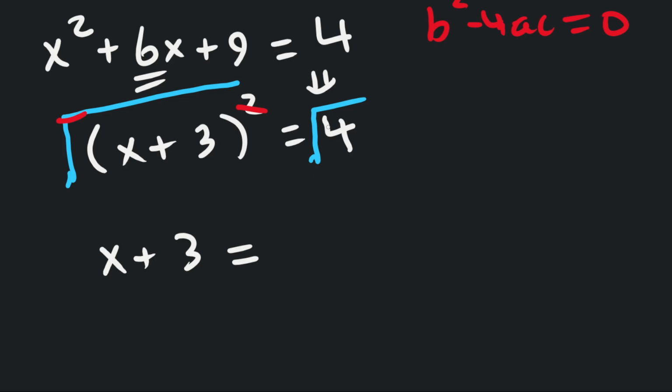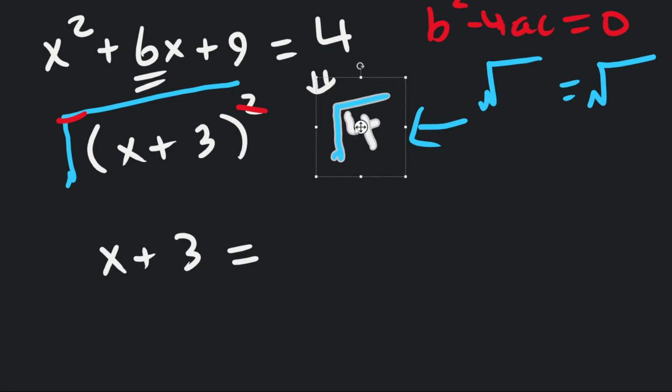This is what I want to point out. In this step right here, when you take the square root of both sides of an equation, you have to put a plus minus right here. So let me just move this just a little bit so you could see what I mean.